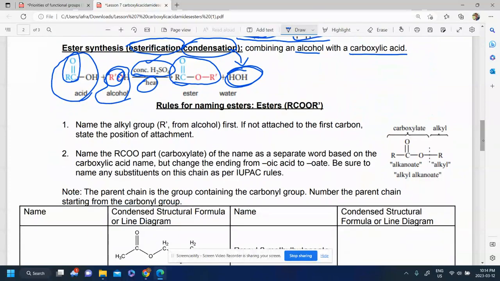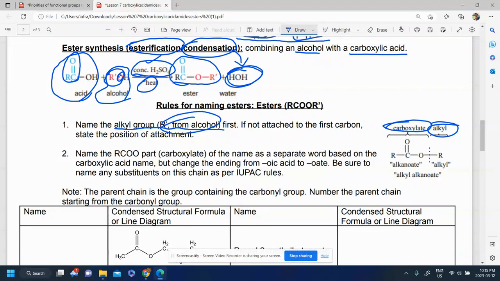So as I mentioned, esters have two parts to them. They have the part that comes from the carboxylic acid, and that's called the carboxylate. And then they have the part that comes from the alcohol, and that's the alkyl group. So what you want to do when you're naming an ester is you want to name the alkyl group first. That's the part that comes from the alcohol.